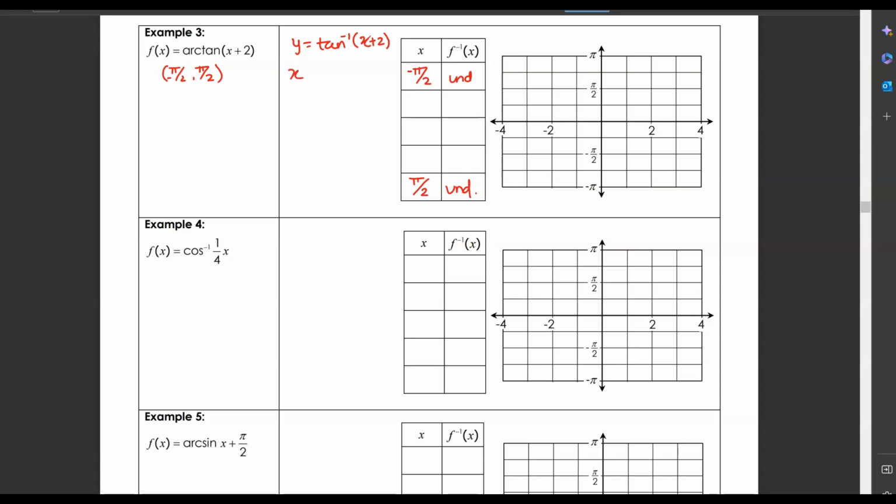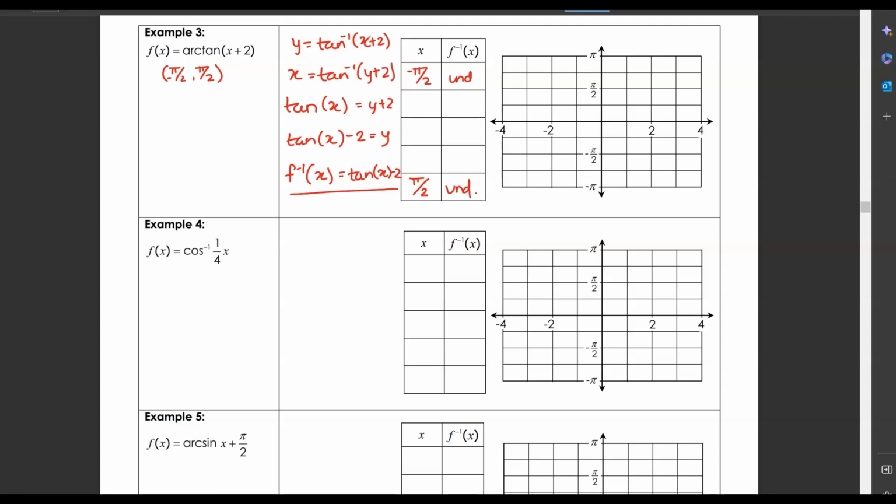I got a little excited there, but yeah, so we're going to have x equals tan inverse of y plus 2. And now we start solving, so we're going to end up with tan x equals y plus 2, and then we get tan x minus 2 equals y. So our inverse function is going to equal tan x minus 2.